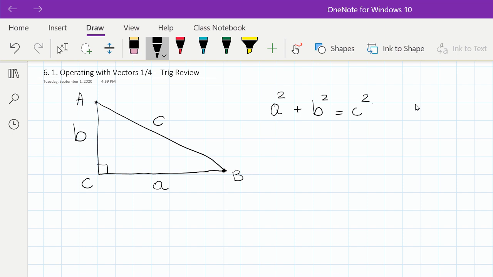In other words, this can be CB plus AC squared is equal to AB squared. So this is known as the Pythagorean theorem, which you have seen.